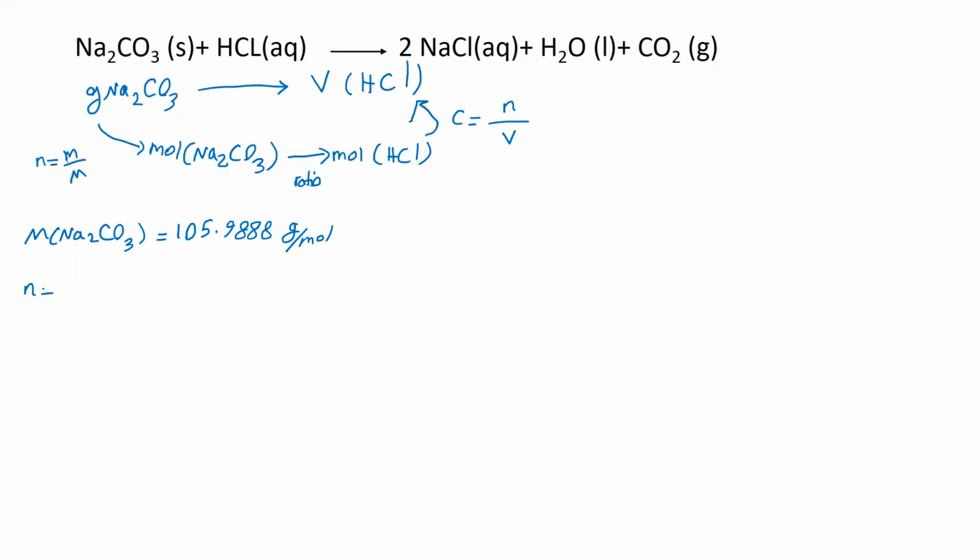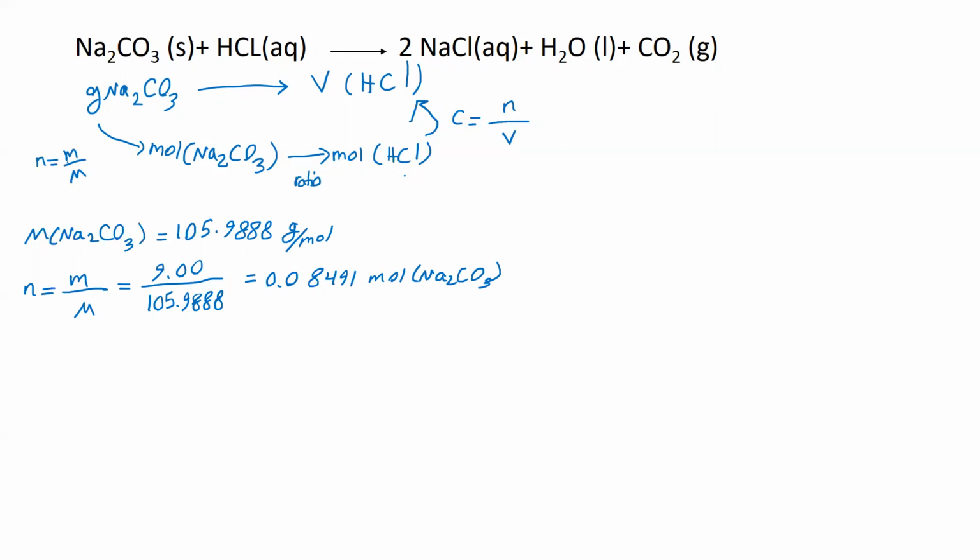As a result, the number of moles using this formula is equal to its mass, which in the question is given to us, 9 gram, divided by its molar mass, and that is equal to 0.08491 mole Na2CO3. So now we've done step 1.